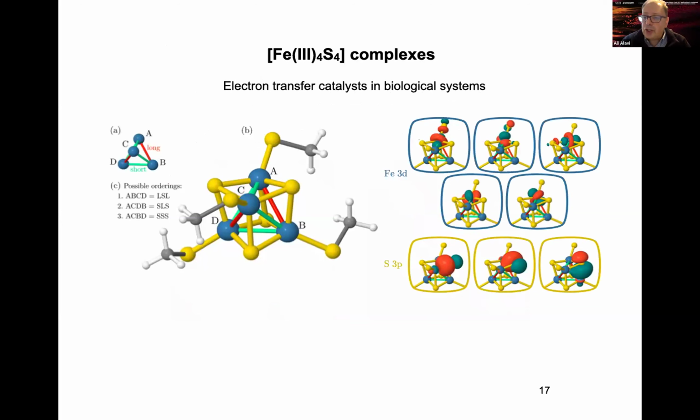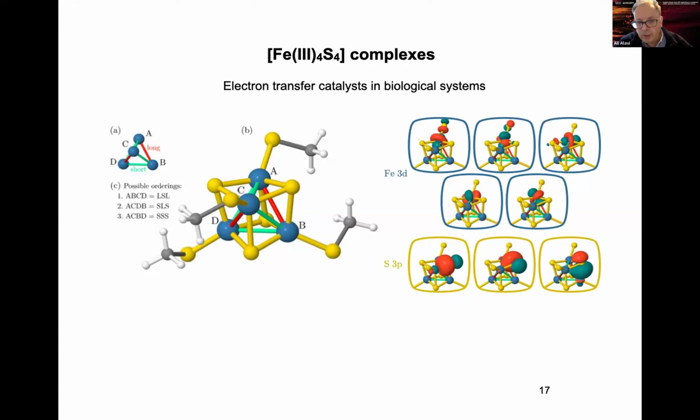So now we can actually use this trick not just in this model system for isolated nitrogen atoms, but in these real systems, the iron sulfur complexes that we want to look at. And so each ion consists in its minimal active space of 5 3D orbitals.